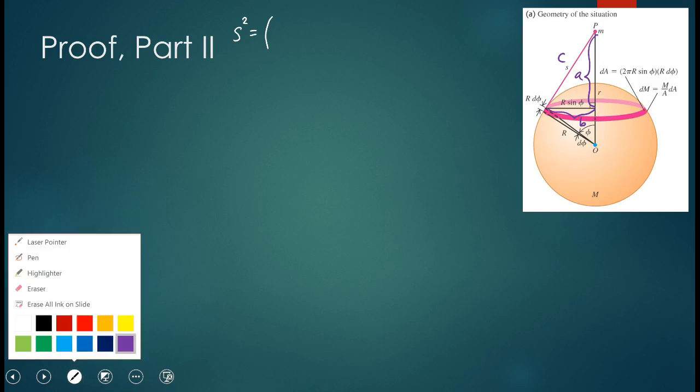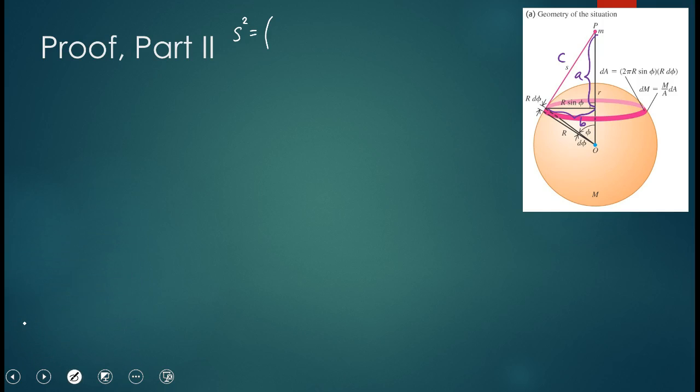But A is going to be the total distance from center to center, which we're going to call R, minus this distance here, which is going to be r cosine phi. So it's going to be R minus r cosine phi, that's big R cosine phi, and that'll be squared. And then B is just going to be r sine phi quantity squared.